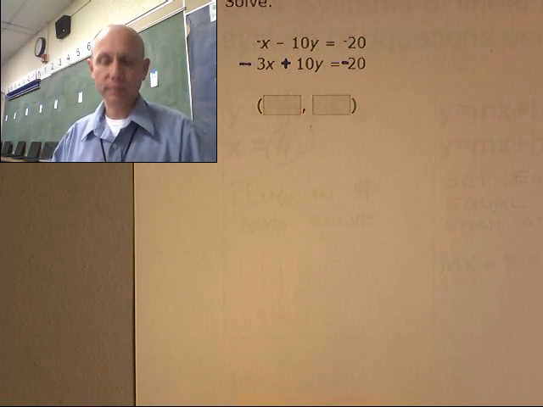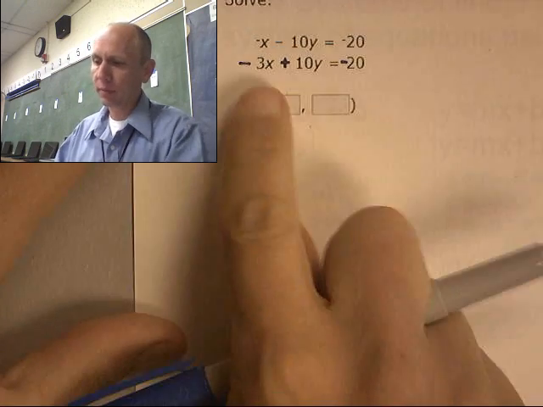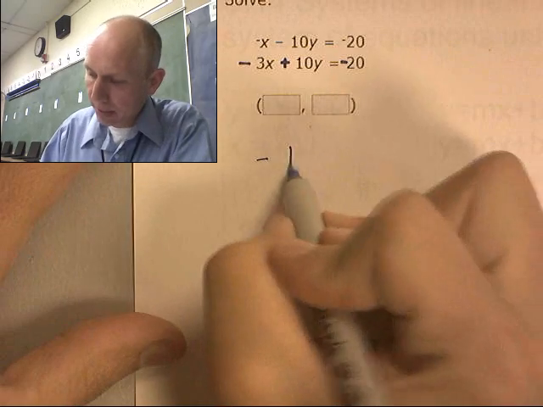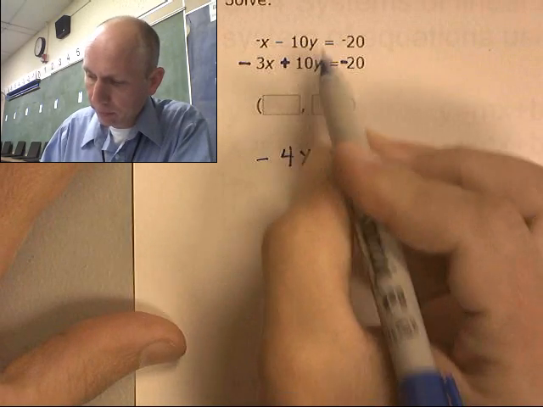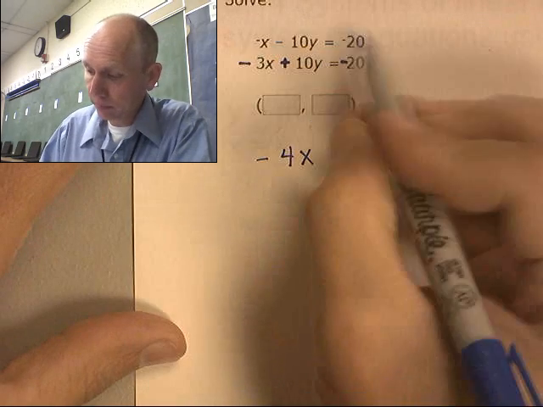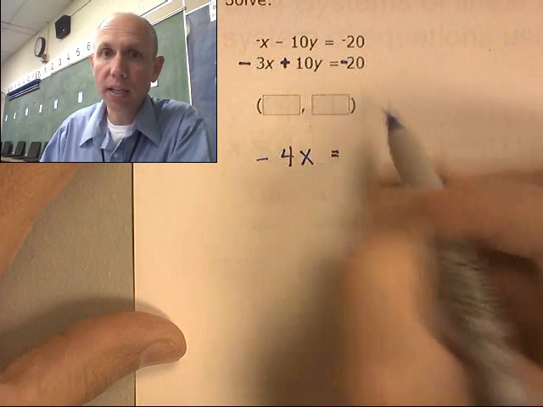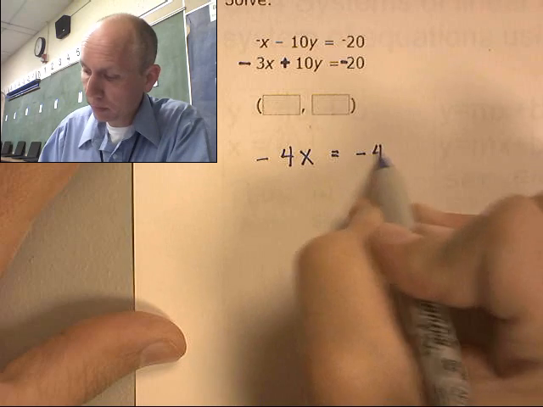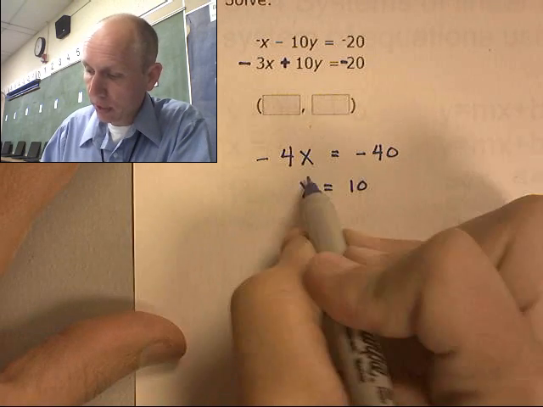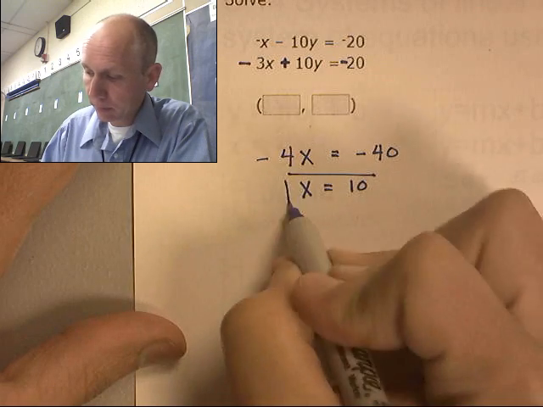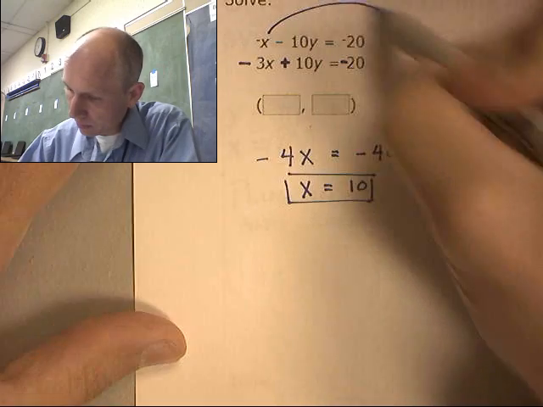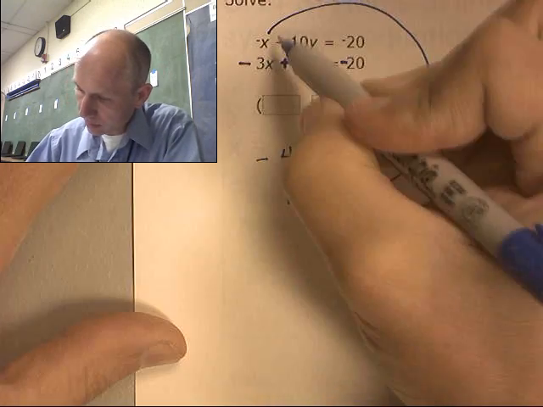Now we're set. Let's see the problem. Negative x and negative 3x. That's negative 4x. My y's are going to cancel. Negative 20 is negative 40. So x equals 10. Now I need to take that guy and plug him right there.